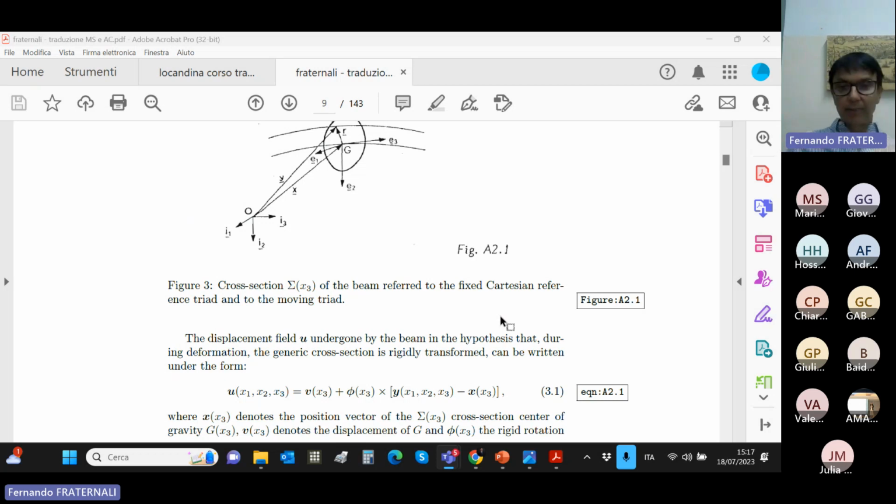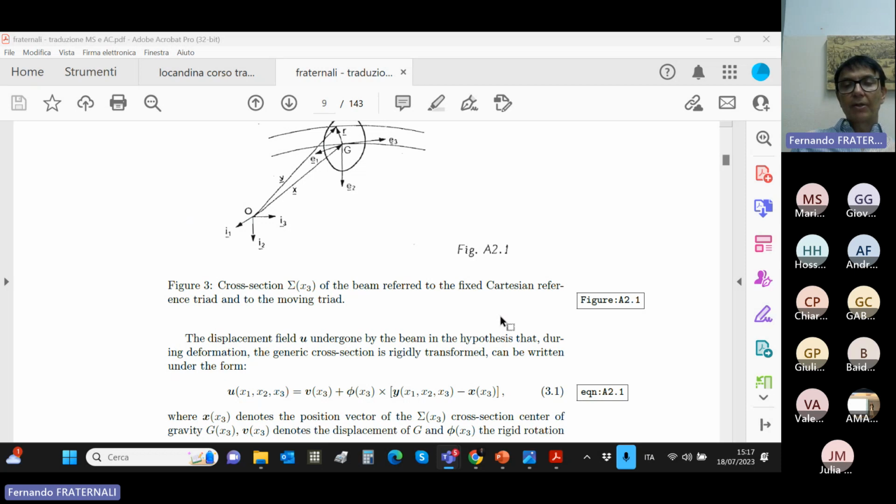We assume the classical beam theory in infinitesimal strains, and so the displacement field is given by a component v, function of s or x3, either s or x3, the arc length along the axis line, and then a vector product of a rotation vector phi times the position vector in the plane of the cross section, which is the planar surface that generates the curved beam, and which is orthogonal to alpha.